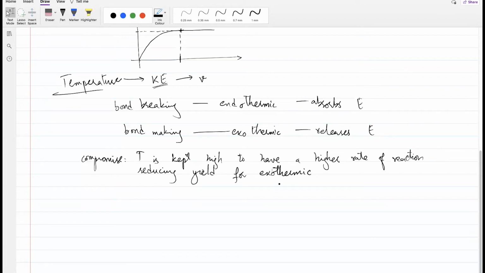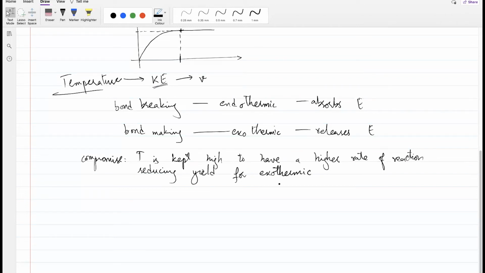But we do a compromise, we still keep the temperature high, because we want to have a higher rate of reaction. ठीक है, हम रेट ऑफ रिएक्शन फिर भी ज्यादा रखने के लिए कि अच्छा चलो कम प्रोड्यूस हो जाए लेकिन जल्दी हो जाए, अमाउंट जहाँ पे 100 kg प्रोड्यूस होना है वहां पे 30 kg प्रोड्यूस हो जाए लेकिन जल्दी प्रोड्यूस हो जाए. To save that time we do a compromise.